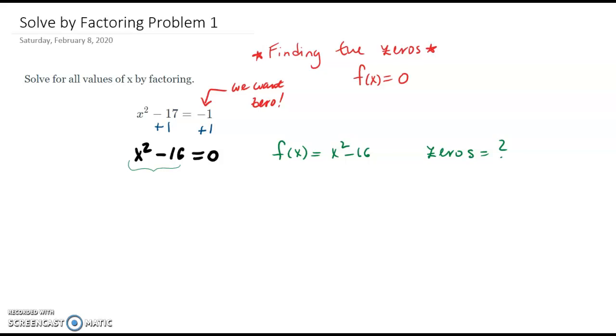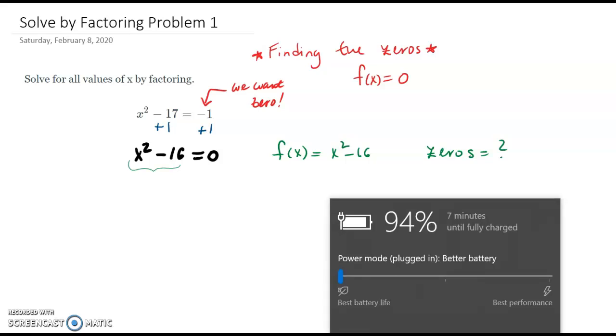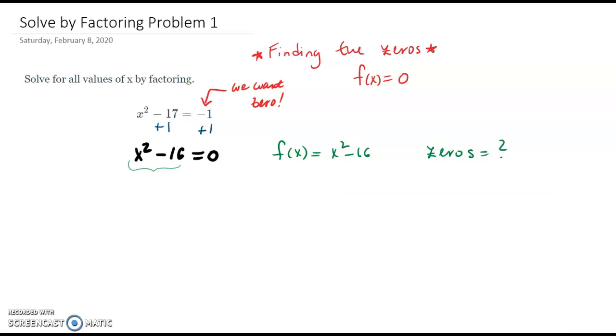In order to factor this, we want to find two terms that multiply to -16x squared, and they have to add up to 0x's. So this was an example where we had 0 x's in the middle.